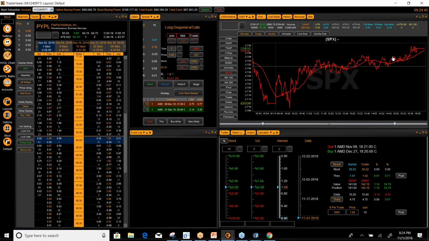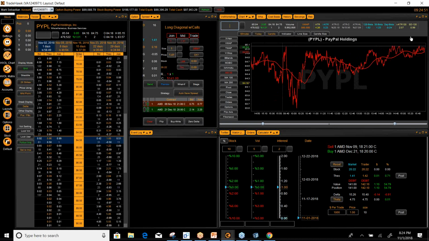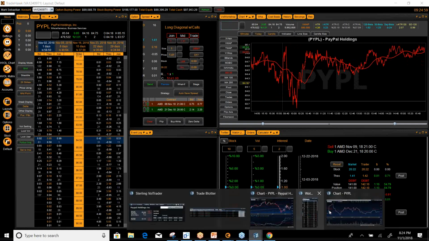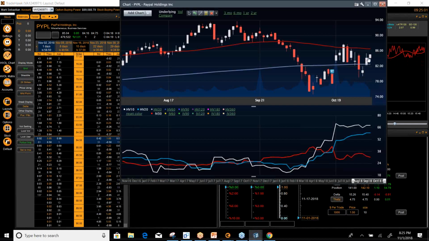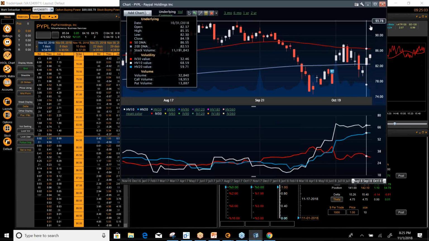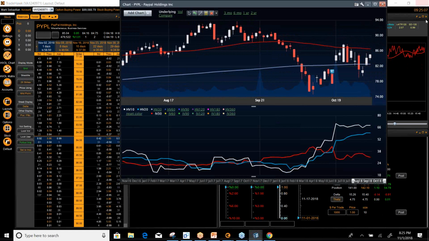Is it going to go up, down, all around? Or do I not have an opinion? Look at this chart. Where's PayPal going to go? It's either going to go up way through its 50, or it's going to tank back below its 200 again, right?